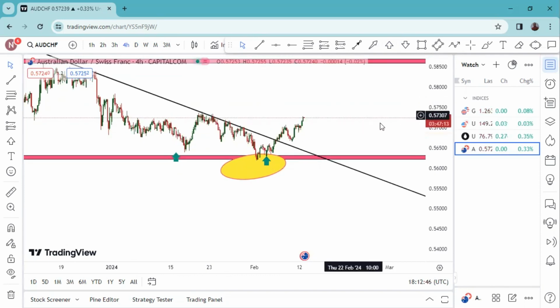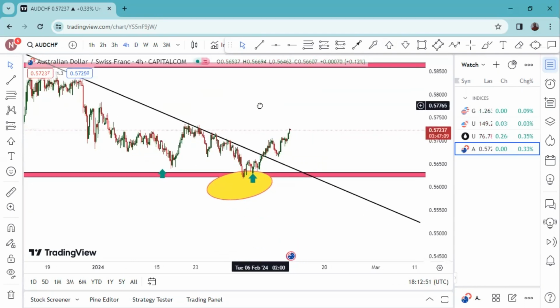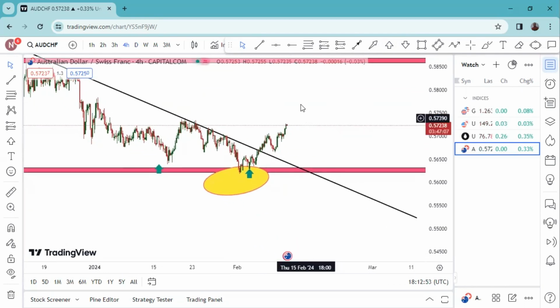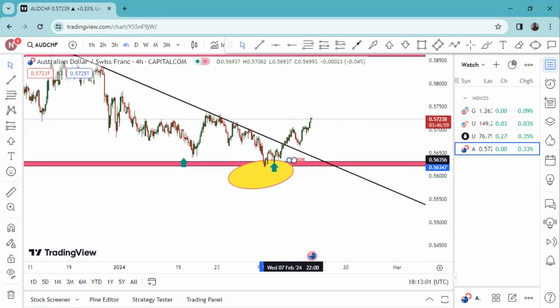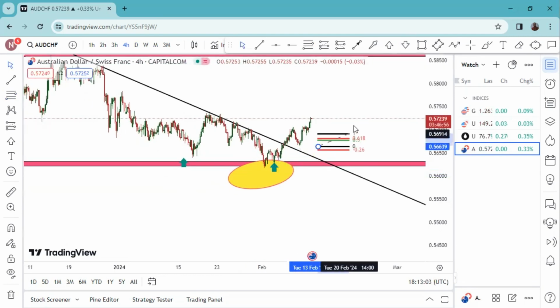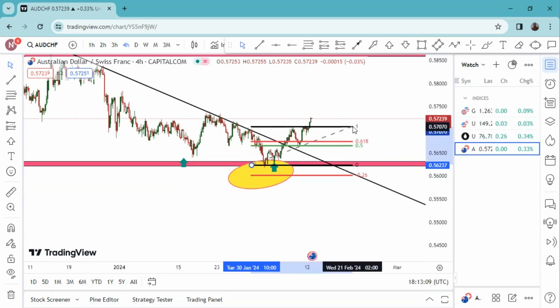In 4 hours you can now see clearly. The first thing that I'm going to do is use my Fibonacci level, from the top to the bottom, from the bottom to the top.